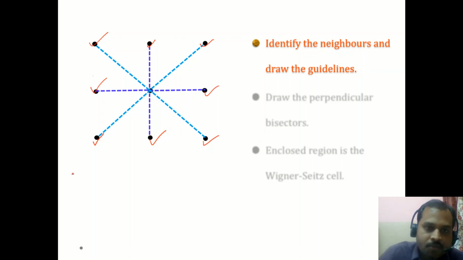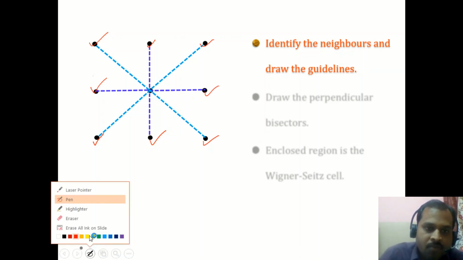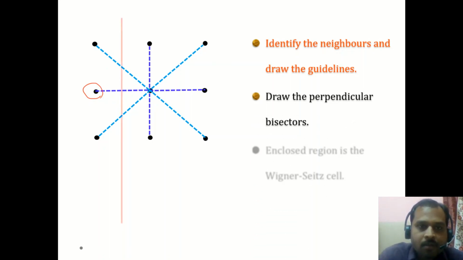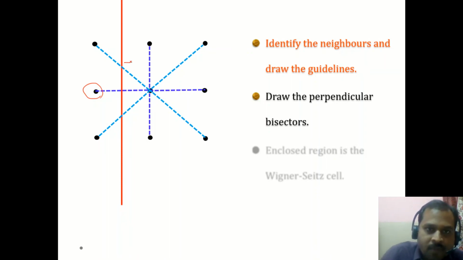Now let us focus on one of the lattice points. We have to find a region of space in which all the points are closer to this point than to this point. How to find that? You have to draw the corresponding perpendicular bisector. If I draw the perpendicular bisector, all the points which lie on the right side of this bisector are closer to this point than to this point.